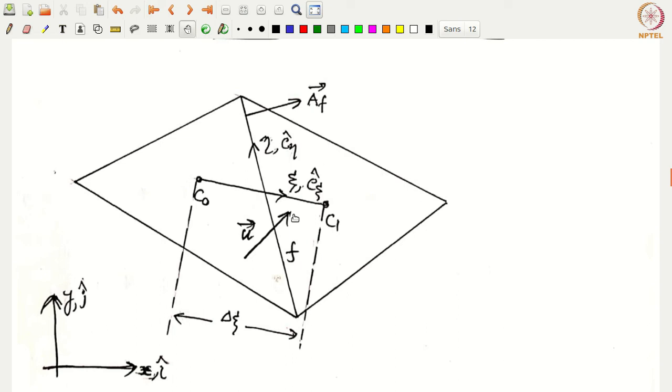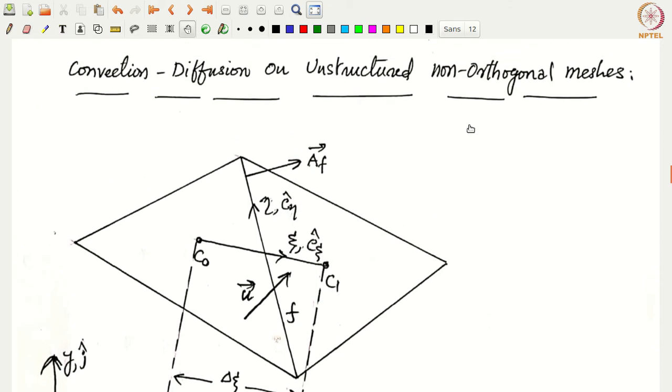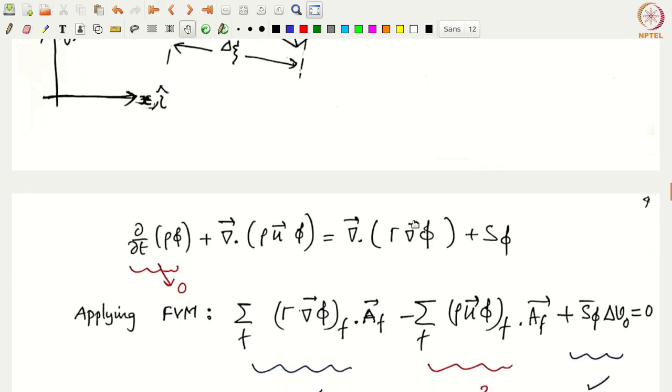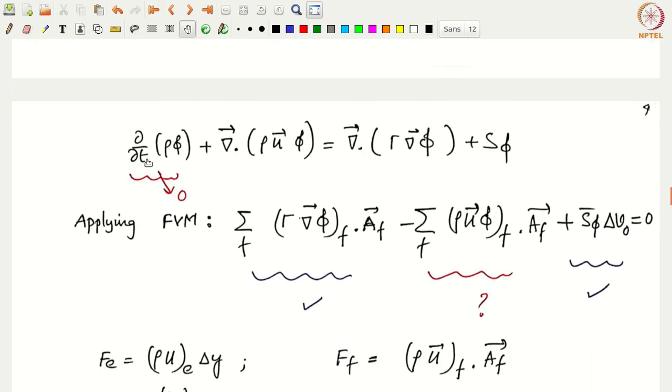All right, then how do I go about calculating convection diffusion in an unstructured mesh like this that is also non-orthogonal? That is the question. Our governing equation is the same as before, right? We start off with the general scalar transport equation, that is partial t of rho phi plus del dot rho u bar phi equals del dot gamma grad phi plus S phi.